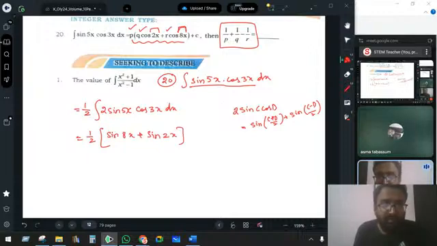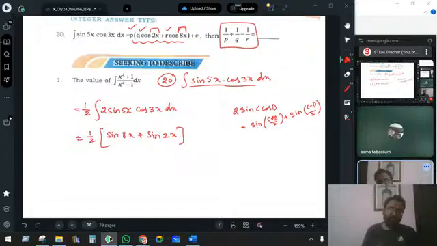But here both are cos. How can we write it? Both are cos. How can we convert it into cos? If both are sine or both are cos, then only we have the cos formulas. It is 1 by 2 outside and 2 sin x cos.